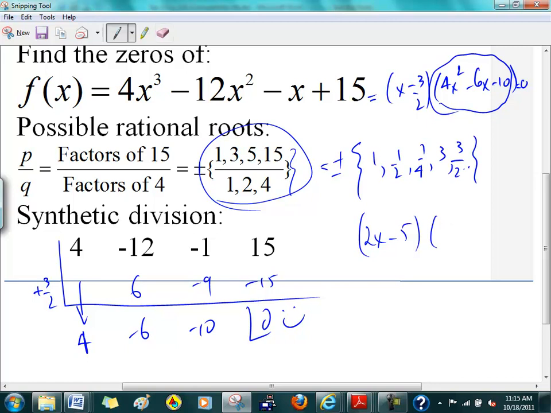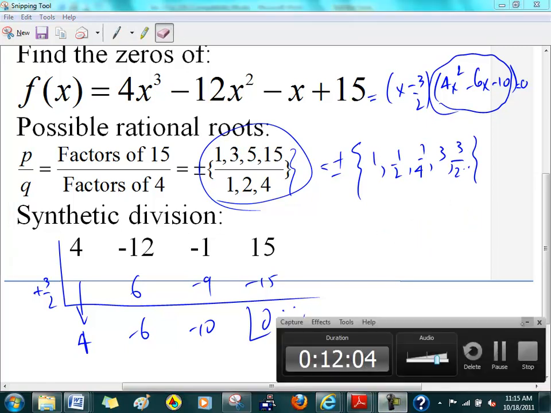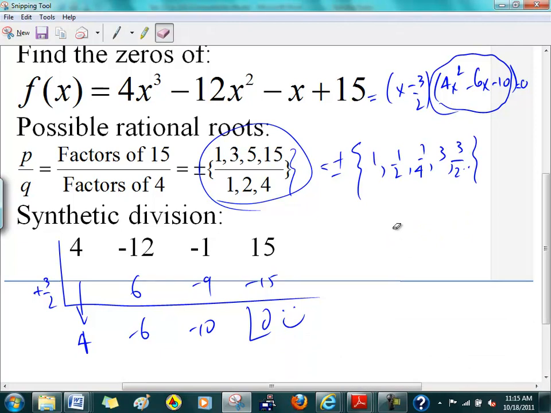Oh, so you want to factor 2 out. So factor 2 out. 2x minus 5 squared. What are we doing here, man? Vikram, did you get it?